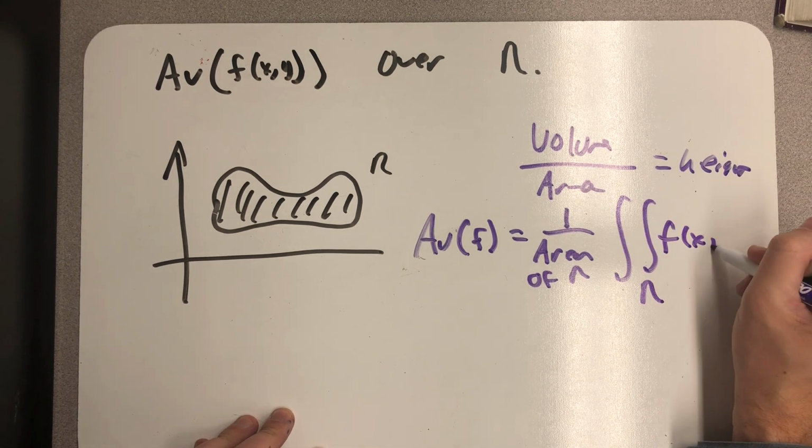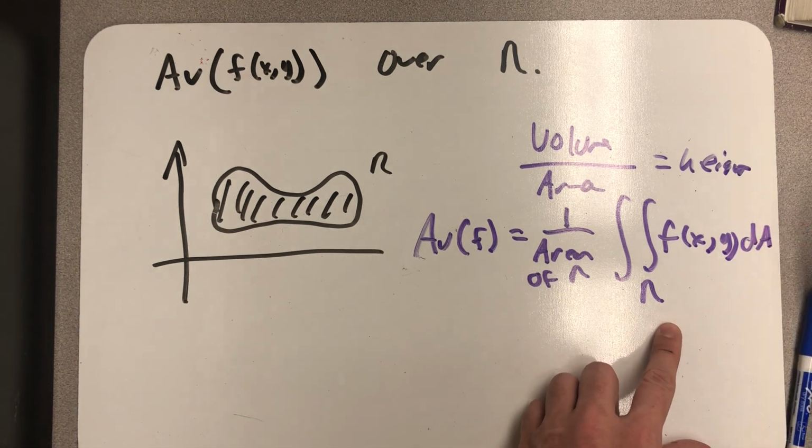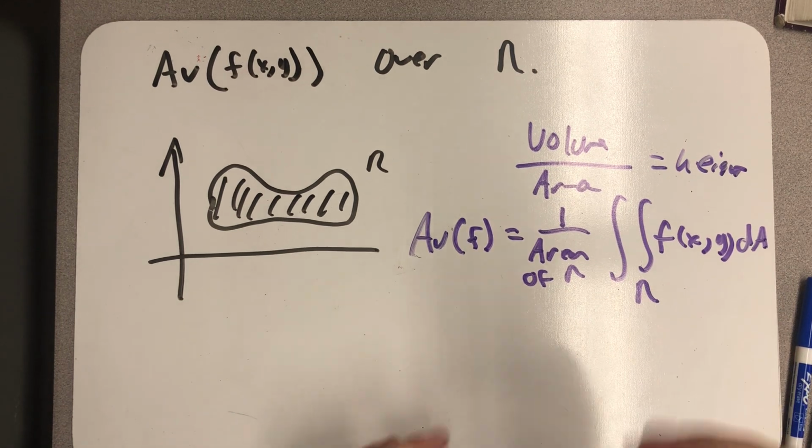So the double integral over R of f of x, y dA. So I claim that this is the corresponding average value formula for a function on two variables.